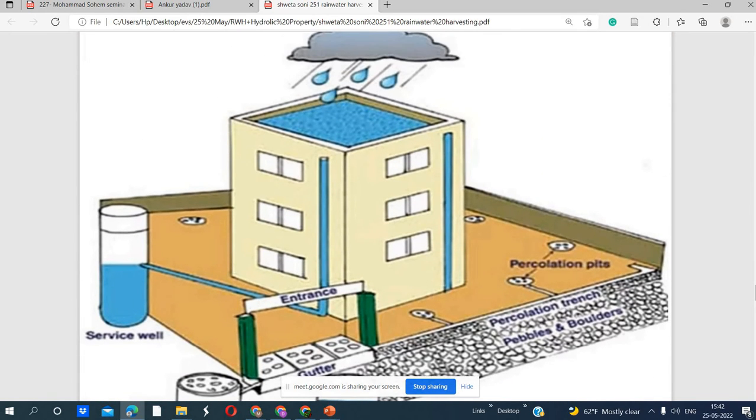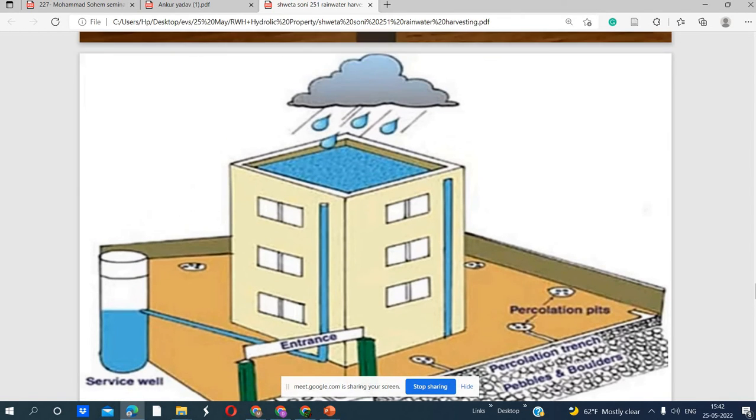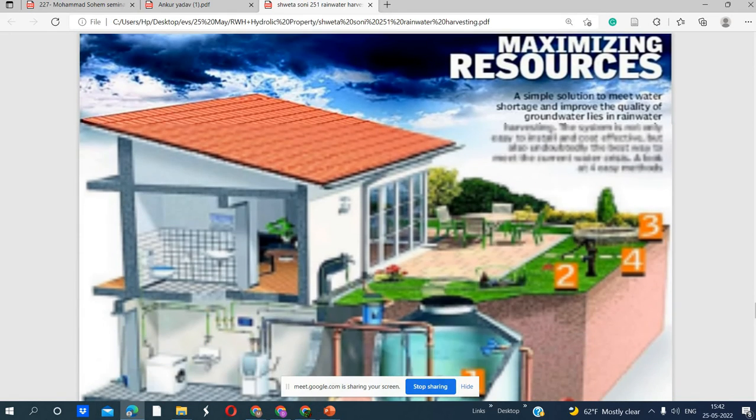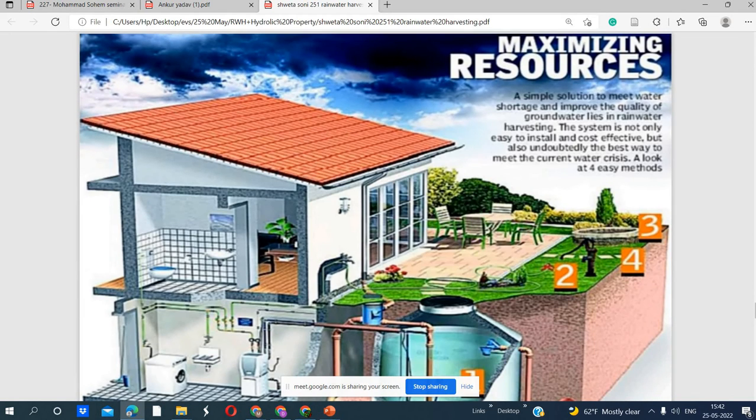Here comes the model of rainwater harvesting. We can see that the water from the rooftops goes through the pipeline into the storage tanks, from where it is purified and used for basic needs. Next. So, maximizing resources: the basic need is to maximize what we have.